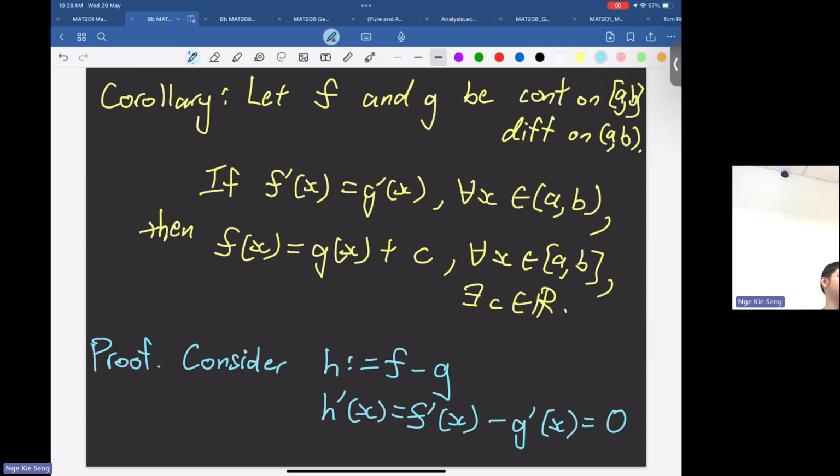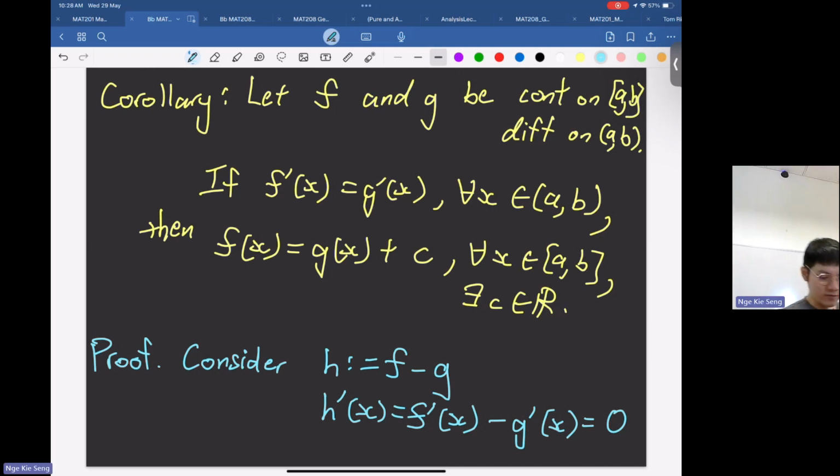So the previous theorem tells you what? h is a constant function. So f minus g is a constant function, so they differ by a constant. Okay? I think these are quite good tools to use in analysis, because from the derivative, it can tell you how the function looks like. This is about constancy.